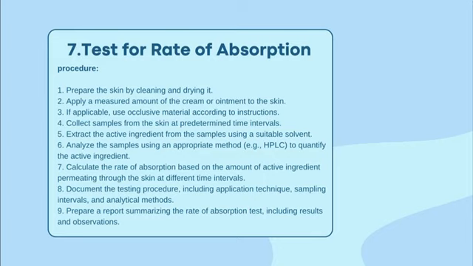Calculate the rate of absorption based on the amount of active ingredient permeating through the skin at different time intervals. 8. Document the testing procedure, including application technique, sampling intervals, and analytical methods. 9. Prepare a report summarizing the rate of absorption test, including results and observations.